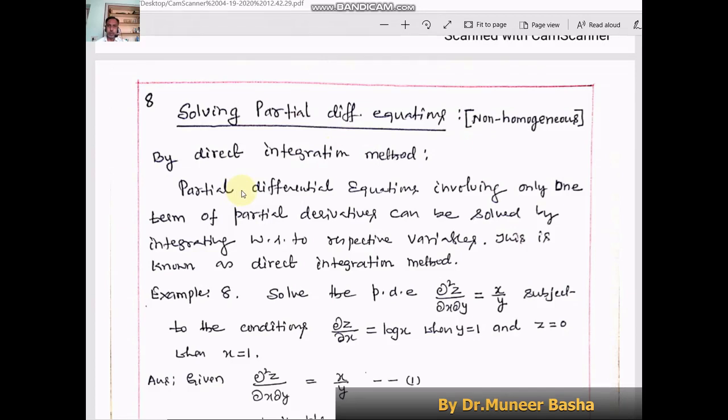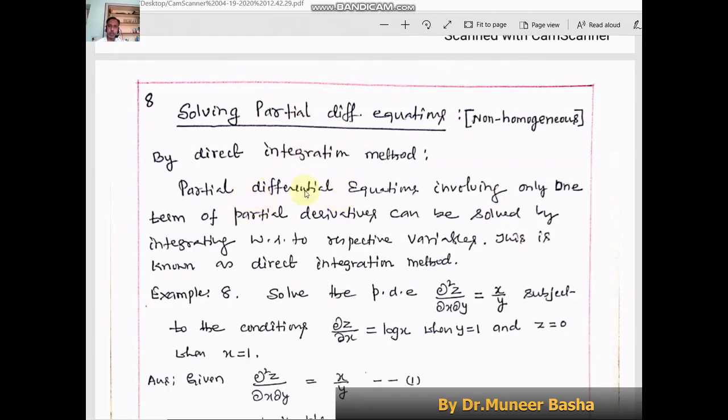Okay, so now let us define: partial differential equations involving only one term of partial derivatives can be solved by integrating with respect to the respective variables. This is known as the direct integration method. So homogeneous partial differential equations and non-homogeneous partial differential equations we are going to discuss now.